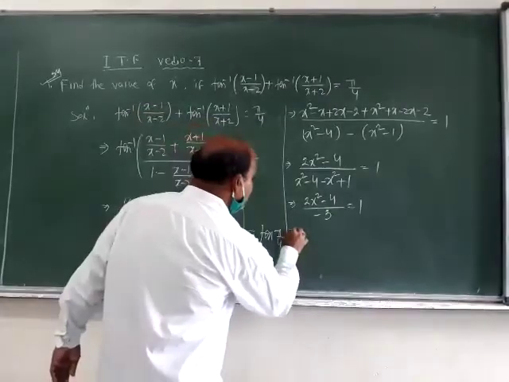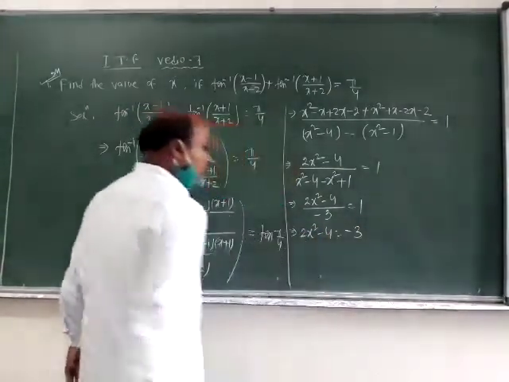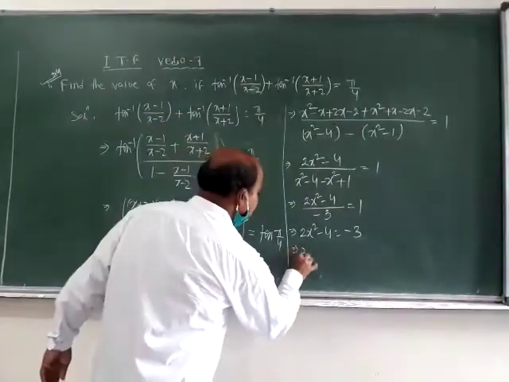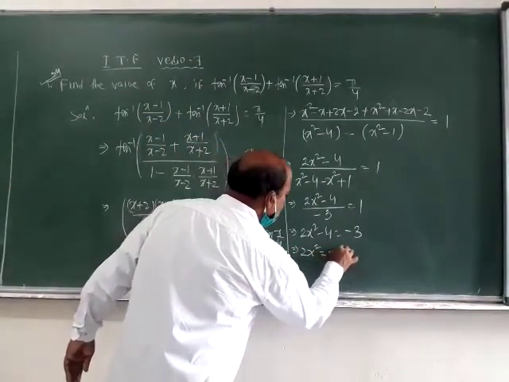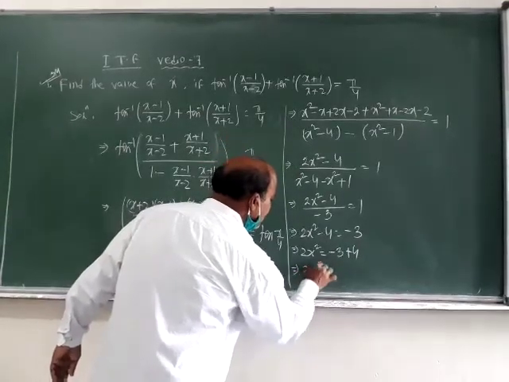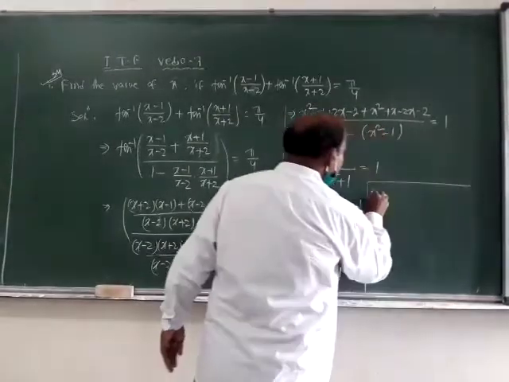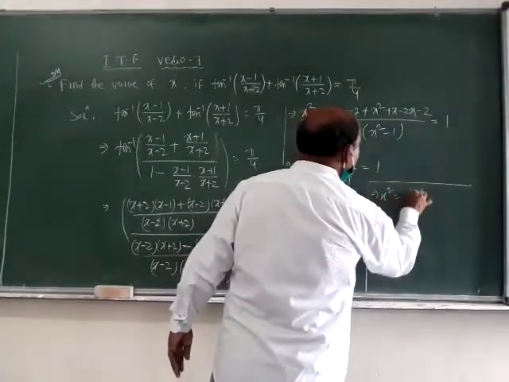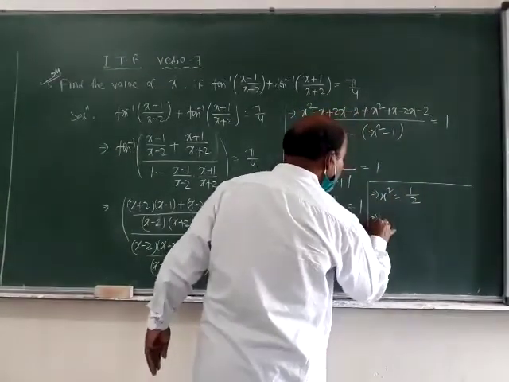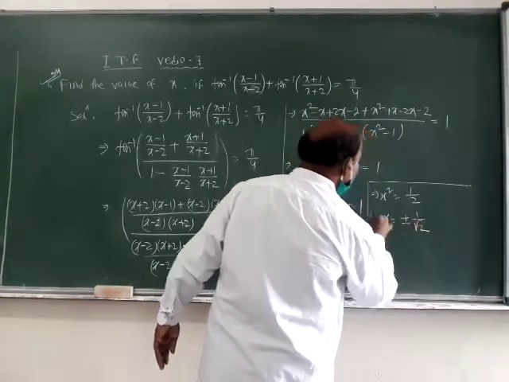To find the x value, in cross multiplication, 2x square minus 4 is equal to minus 3. That implies 2x square is equal to minus 3 plus 4. That implies 2x square is equal to 1. So x square is equal to 1 by 2. That implies x is equal to plus or minus 1 by root 2.